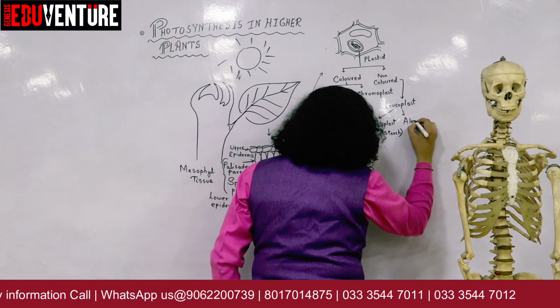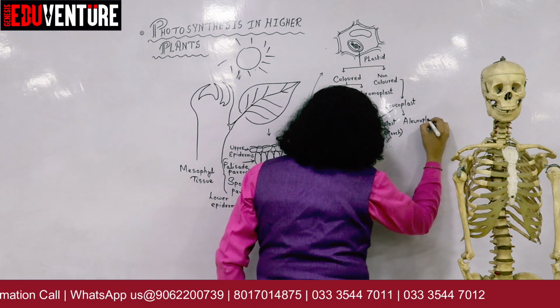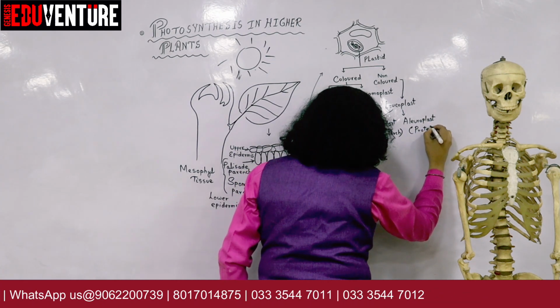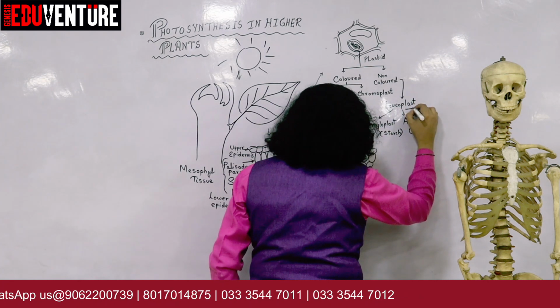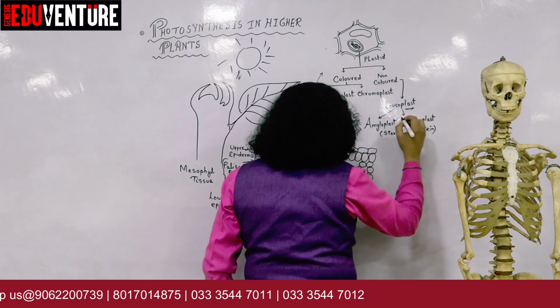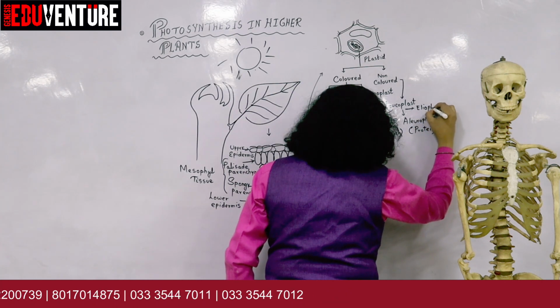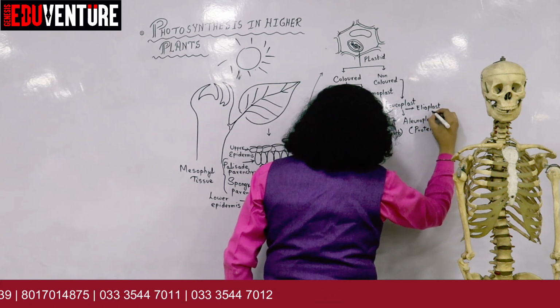Aleuroplast, it is for protein. Because they are present in the root, they are mainly concerned with storage. And the third one is elaioplast, it stores fat.